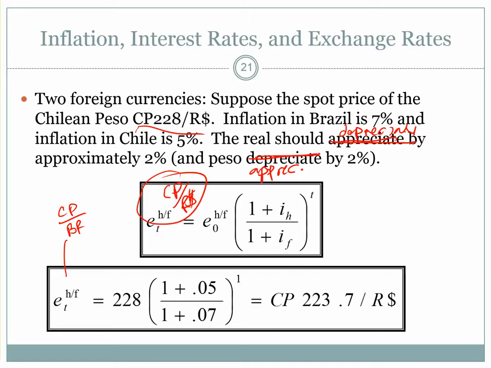So the Chilean peso per real is going to get cheaper, from 228 to 225, about 5 Chilean pesos. Again, always be consistent: Chilean peso per real, Chilean peso per real, Chile inflation, real inflation.